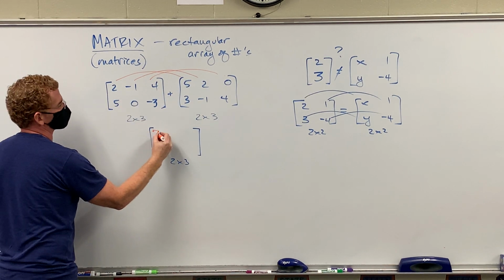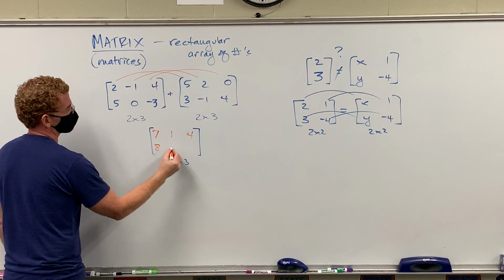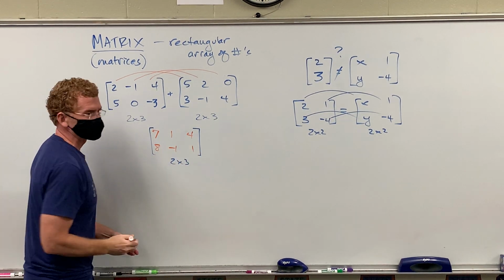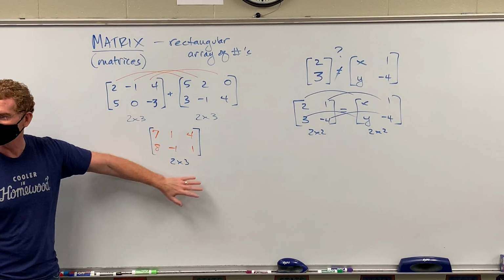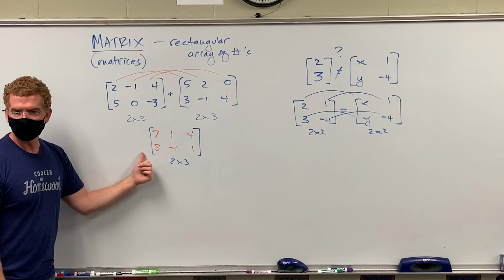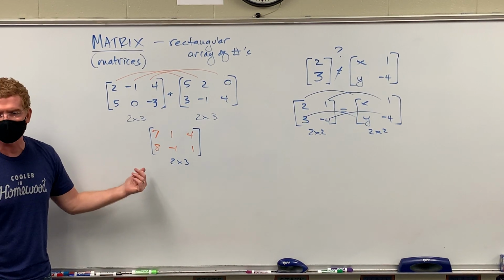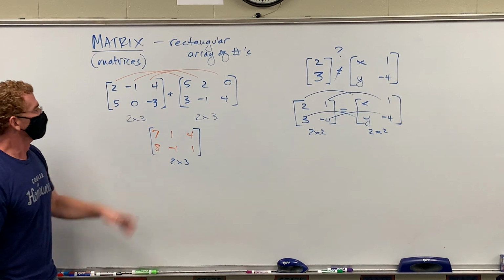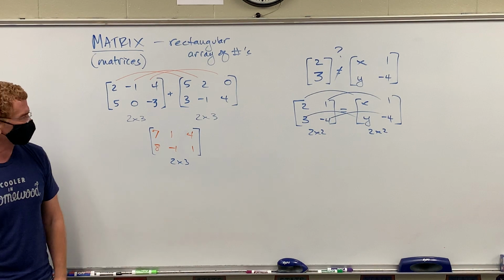So you would end up with a 7, 1, 4, 8, -1, 1. Don't you love the way these colors go together? Are you with me? Yeah. So that would just be addition. I rarely see anybody make a mistake with this unless they're just careless and go, -3 + 4 is -12 or something like that. But just be careful, okay?